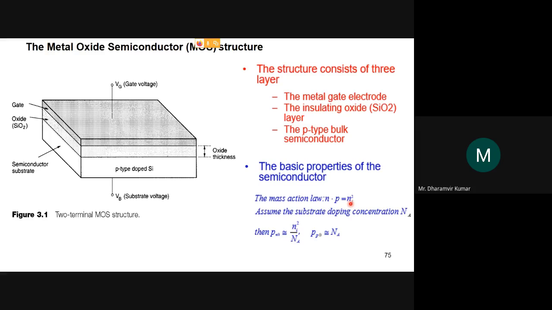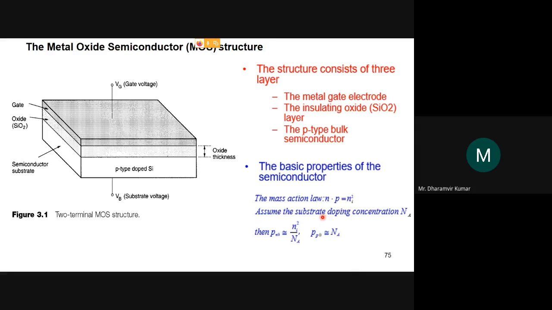So always n into p will be equal to ni square. This is equally applicable for an intrinsic or an extrinsic semiconductor. The law will always hold.